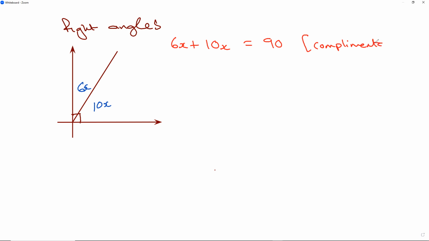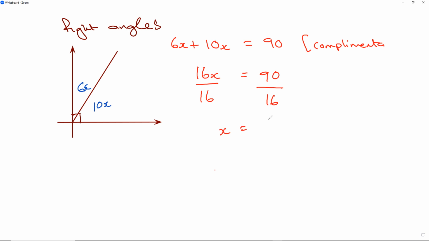Now, why do we know it's 90? Because we're given this block over here, which means perpendicular. The perpendicular symbol, when two lines meet at 90 degrees, that's what we got. This is going to get me 16x equals 90. And I'm now going to divide by 16 on both sides.